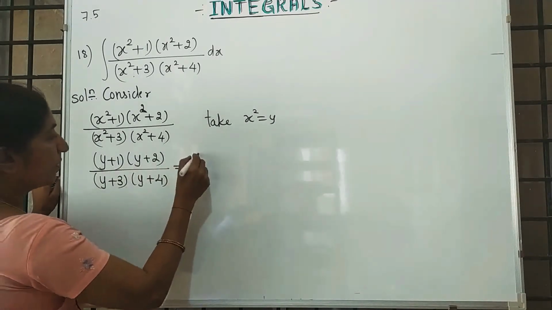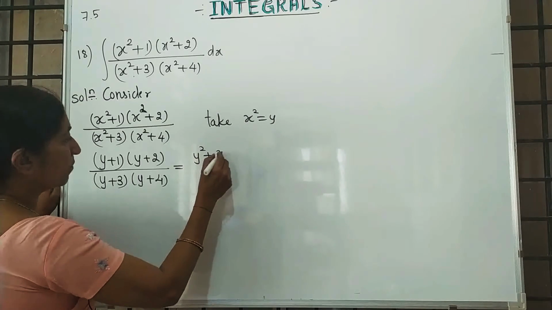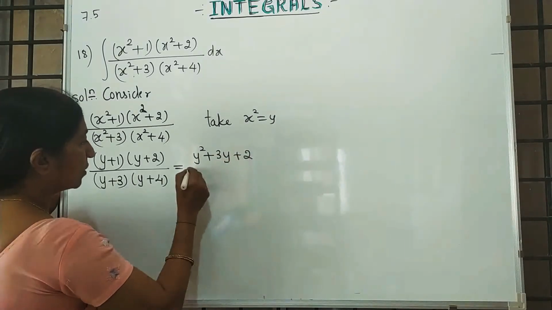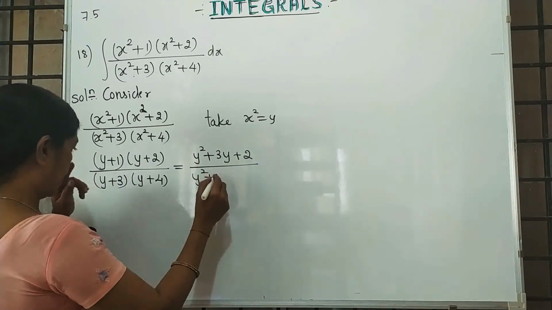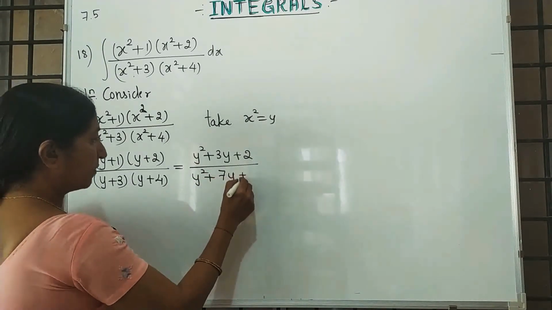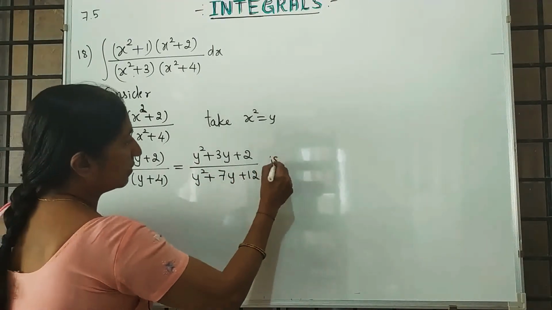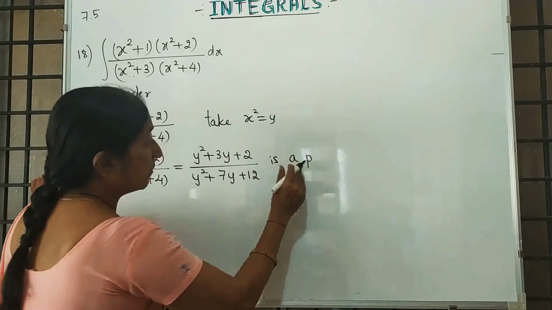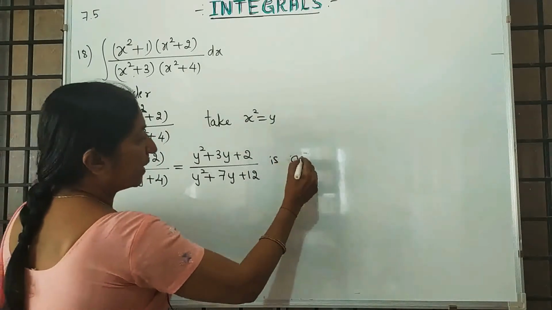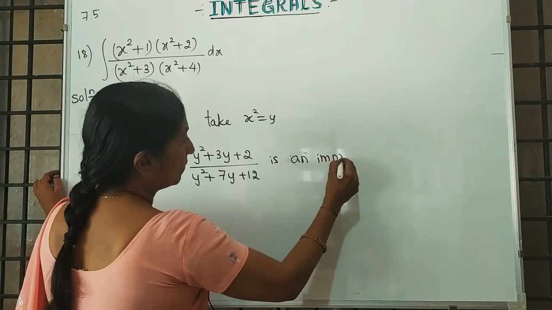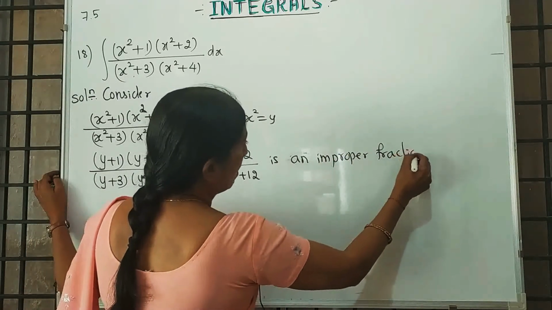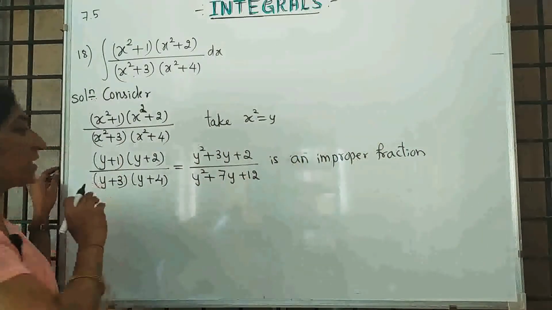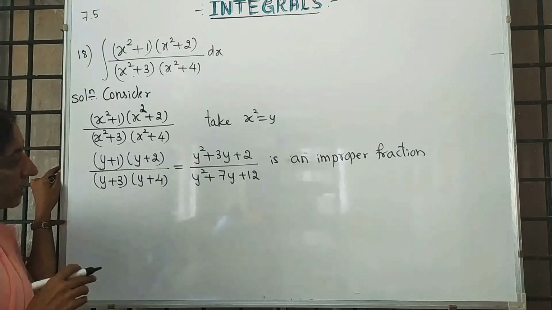When you multiply, it is y square plus 3y plus 2 divided by y square plus 7y plus 12, which is an improper fraction, because the highest power of y in the numerator is 2 and in the denominator also 2.